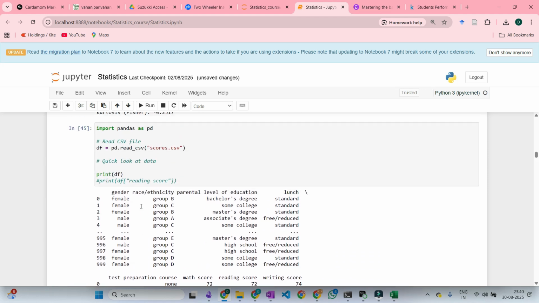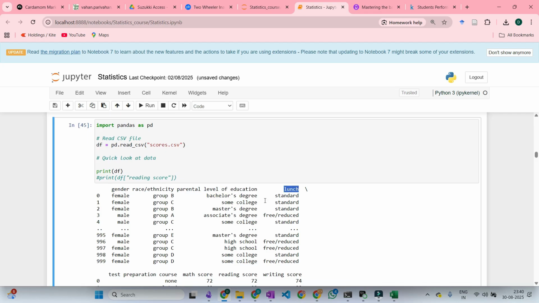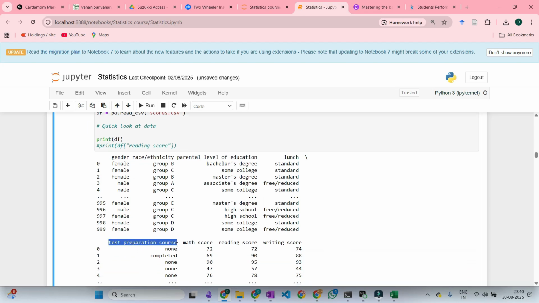So you can see they have collected around 1000 samples. These are the columns like gender, race or ethnicity, parental level of education, lunch, test preparation course, math score, reading score, etc. Right? But for this example, I need the math score.